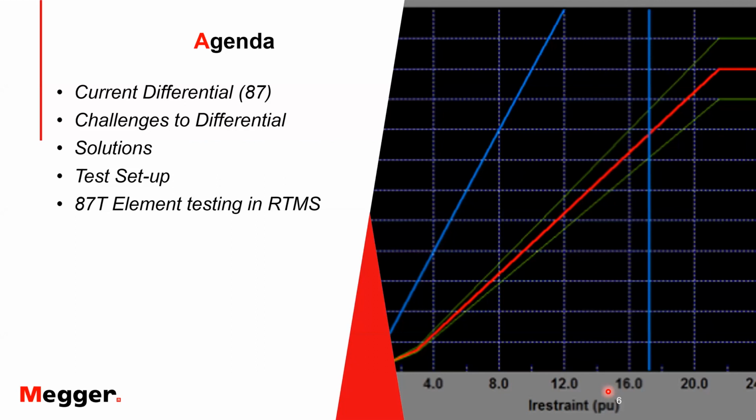And then I'll show you the test setup and connections today that I'll be testing a differential relay using the Megger test equipment. And I'll walk you through each test in the differential protection scheme as to how we will test it in RTMS.